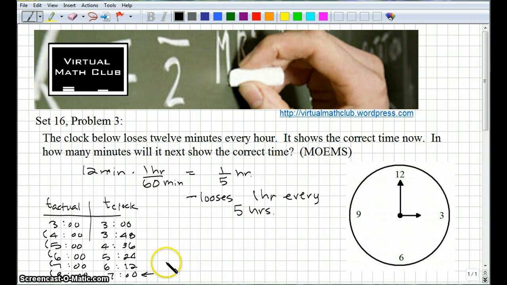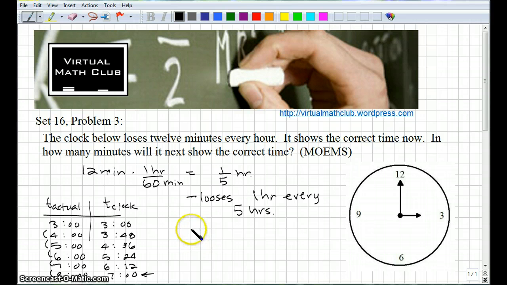Okay, so the other thing is that with a clock, every 12 hours the times start repeating themselves, right? So right now it's saying 3 o'clock, and in 12 hours it'll say 3 o'clock again. Well, if this were a working clock, this would say 3 o'clock again, right? So we want to know, essentially, how long will it take for it to lose 12 hours? Because after it loses 12 hours, it's going to be back to where it was before, right?